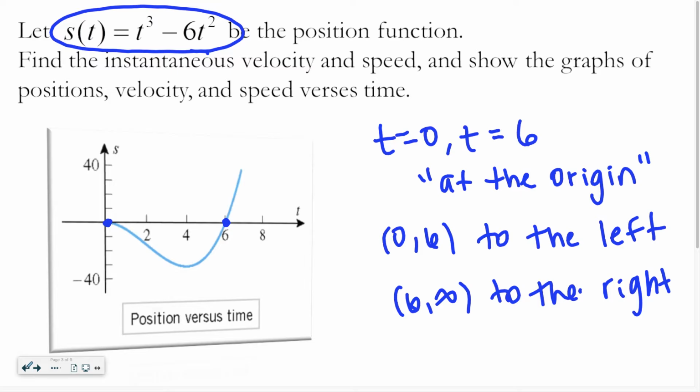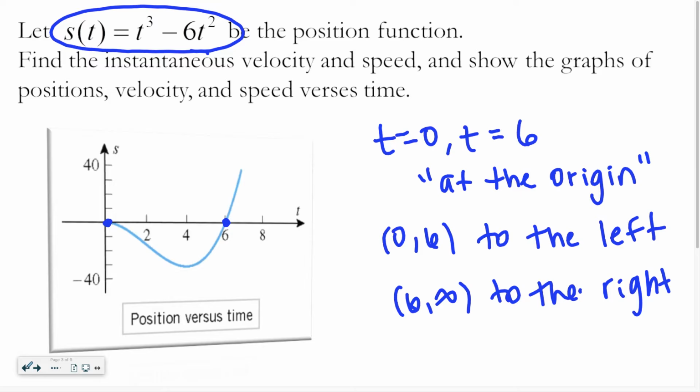And decreasing, we're referring to a description of the value of the derivative. So since our position is decreasing from 0 to 4, we knew that the velocity would be negative. From 4 on, our derivative would be positive because our position is increasing. So we would know that the velocity is positive from 4 to infinity because it's our derivative.